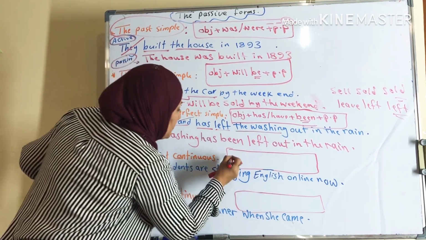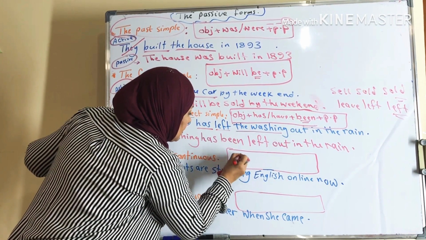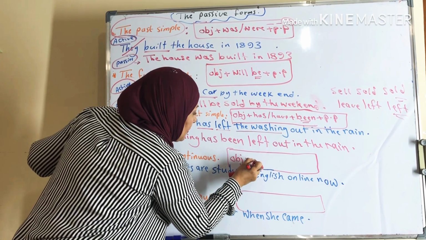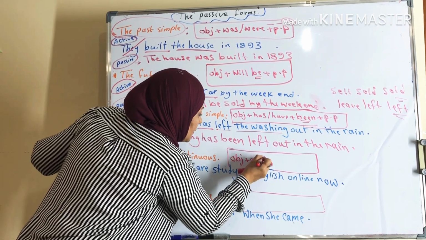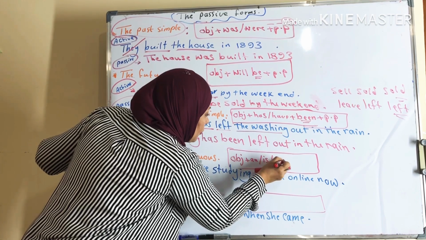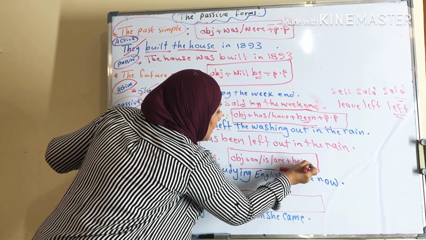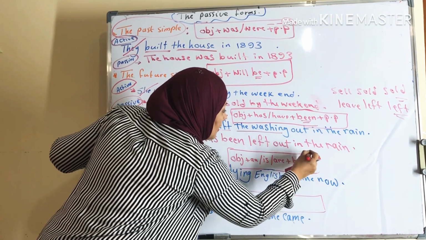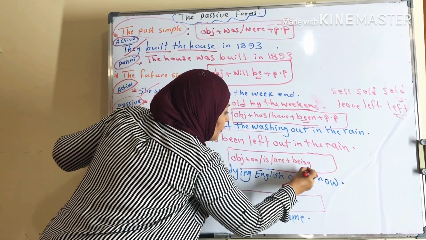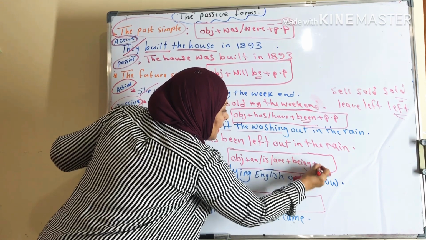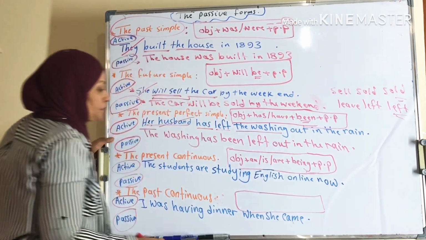We have the form object plus am for I, is for singular, are for plural, and we have the being instead of the verb. Being plus, again, past participle.